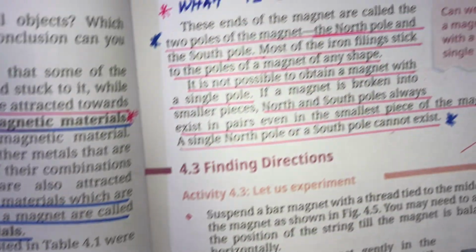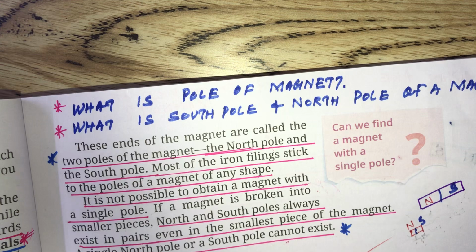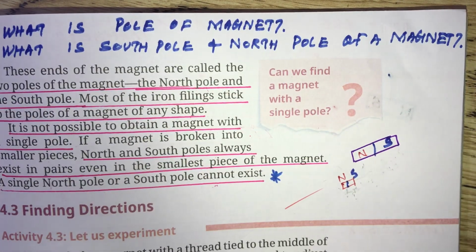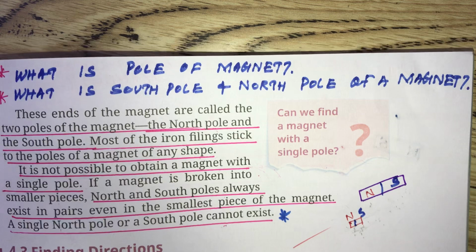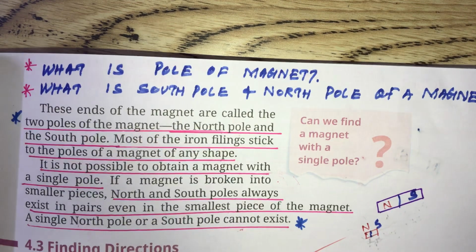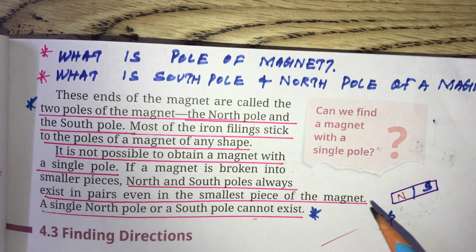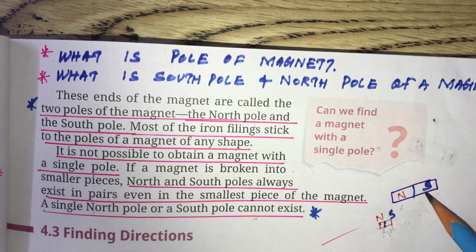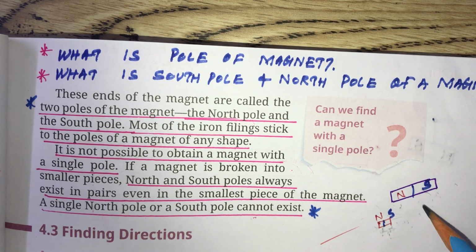The next topic is the pole of a magnet: what are the south pole and north pole of a magnet? If a magnet is suspended in air or at rest, the ends of the magnet are called the north and south poles. Most of the iron filings stick to the poles of a magnet of any shape.